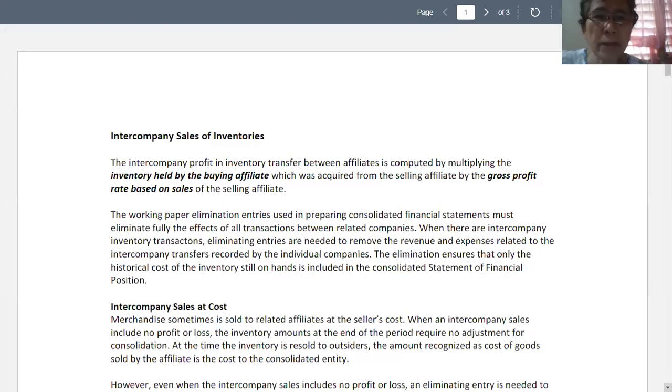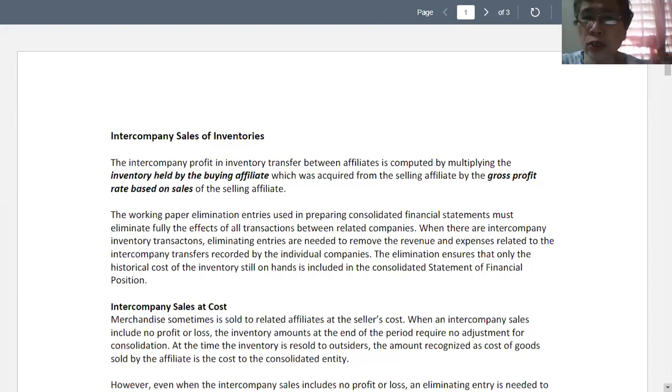Now, the working paper elimination entries used in preparing consolidated financial statements must eliminate fully the effects of all transactions between related companies. When there are intercompany inventory transactions, eliminating entries are needed to remove the revenue and expenses related to the intercompany transfers recorded by the individual companies.